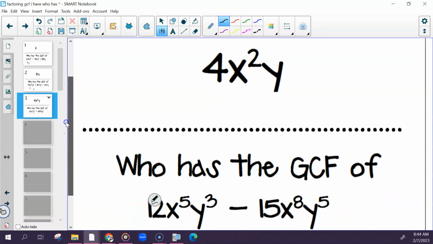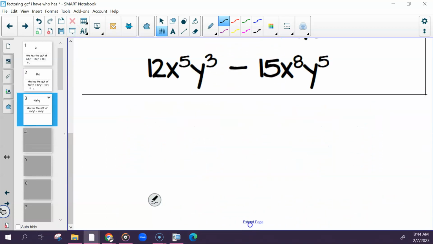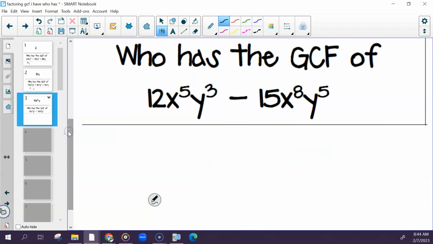Who has the GCF of 12x to the power of 5 and y to the power of 3 minus 15x to the power of 8 and y to the power of 5?